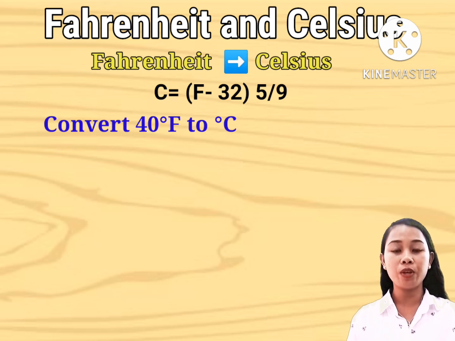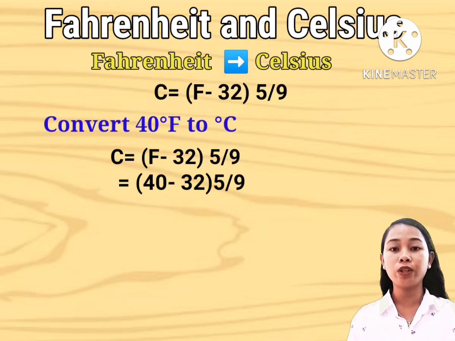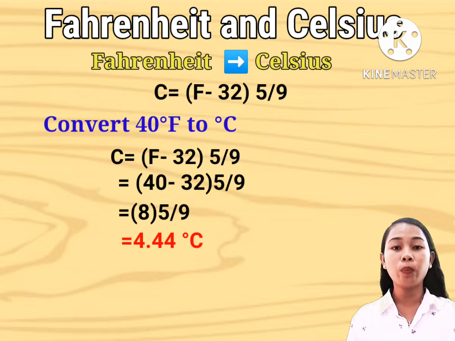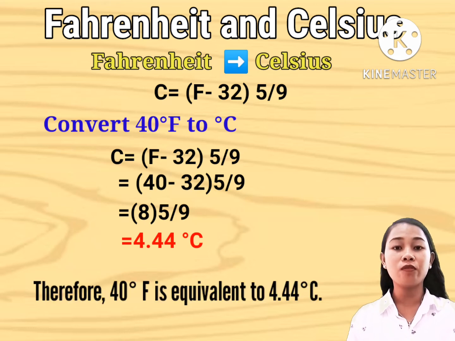Copy the formula. Our given Fahrenheit is 40 degrees, so 40 minus 32 times 5 divided by 9. 40 minus 32 is equal to 8, and 8 times 5 divided by 9 is equal to 4.44 degrees Celsius. Therefore, 40 degrees Fahrenheit is equal to 4.44 degrees Celsius.